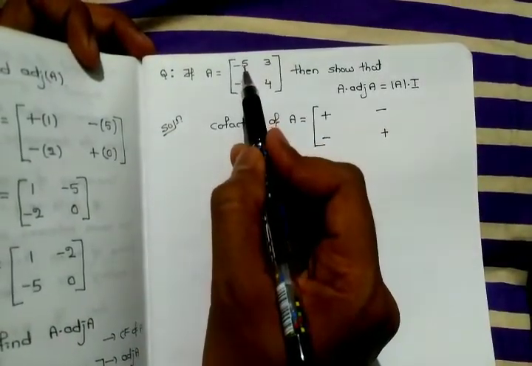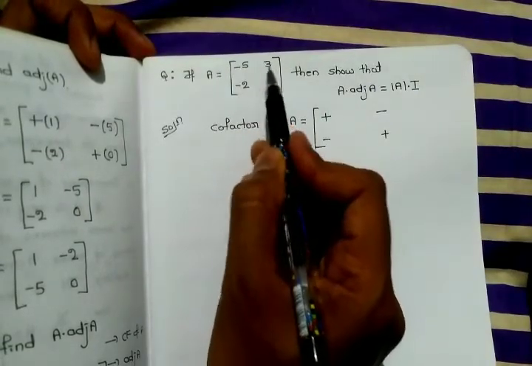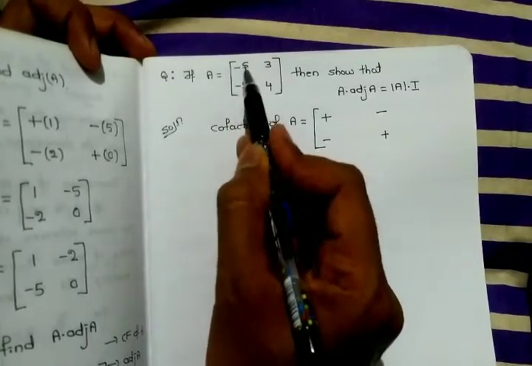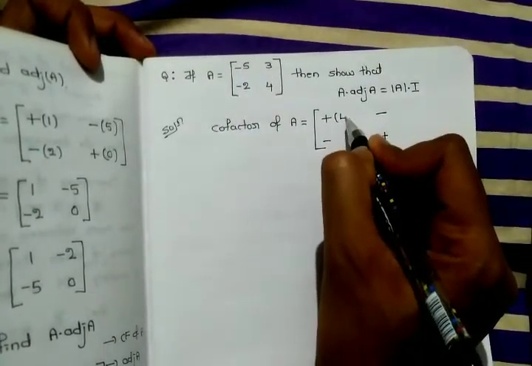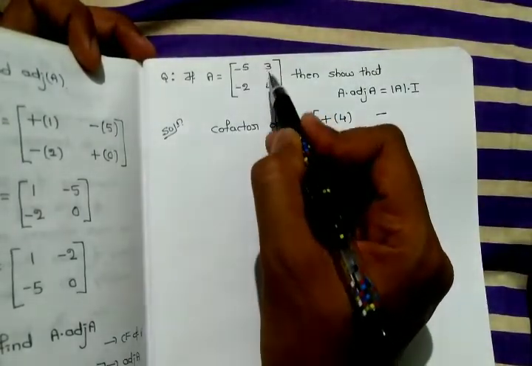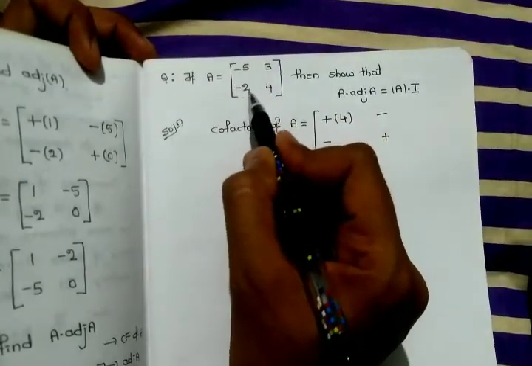Whenever you are taking the first element, delete that particular column and that particular row. What is the remaining element? 4. You should write 4 in the place of -5. Next, the second element is 3. Delete that particular column and row. The remaining element is -2.